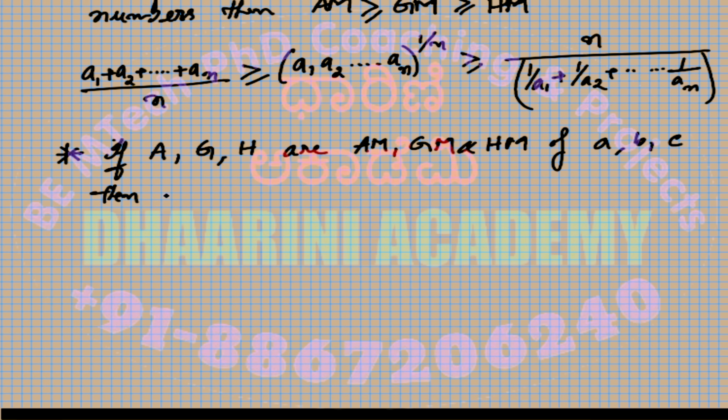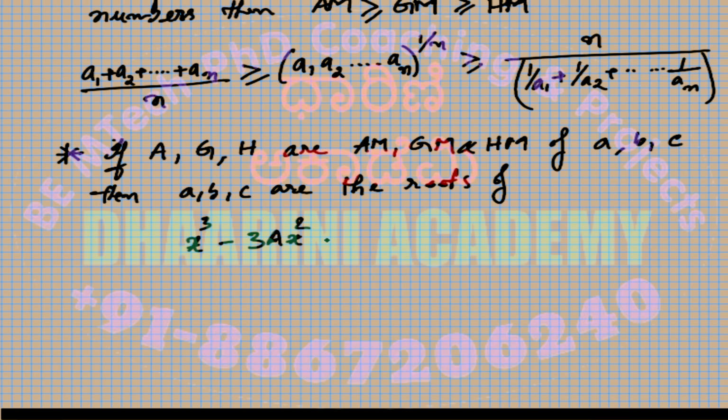We can write then a, comma b, comma c are the roots of the equation x cube minus 3 times the arithmetic mean into x square plus 3 times G cube x divided by H minus the G cube equals to 0.